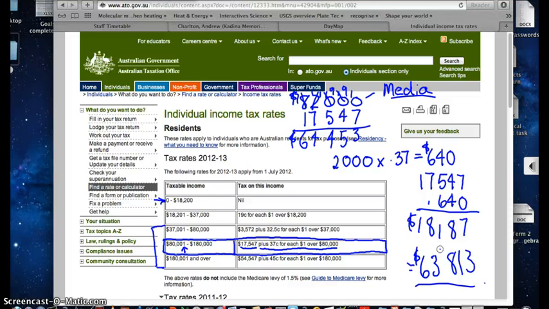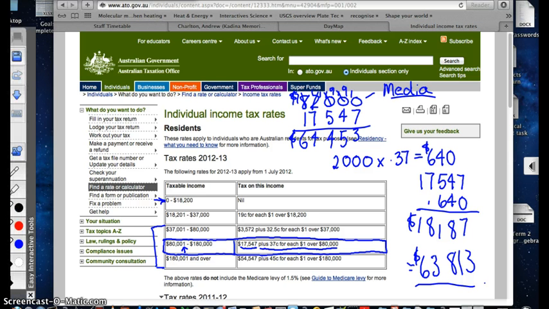But basically, about $63,813 is what you get to take home out of $82,000, and that's how to use an income tax table. Okay? If you need further help with it, when you find your employment, I will help you with that.